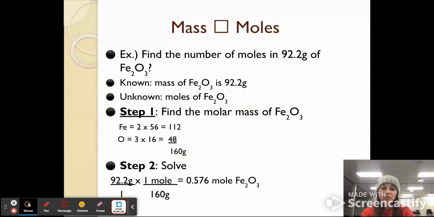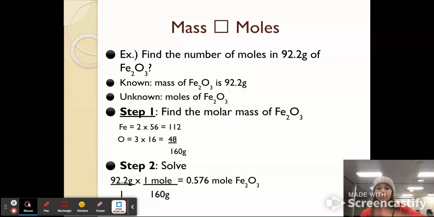So find the number of moles in 92.2 grams of Fe2O3. So what's my known information? It is 92.2 grams. The unknown information, the thing I'm trying to get to, is going to be moles of Fe2O3.